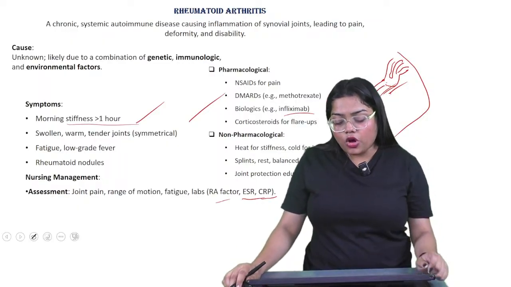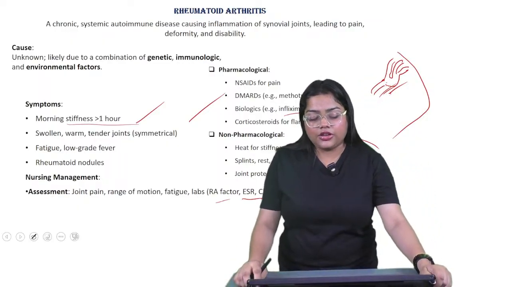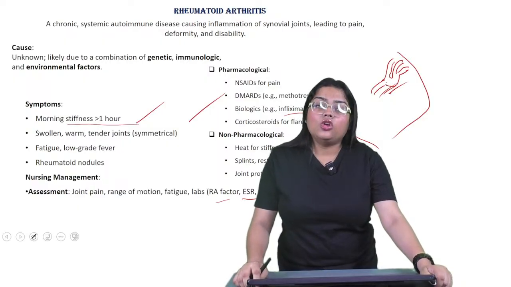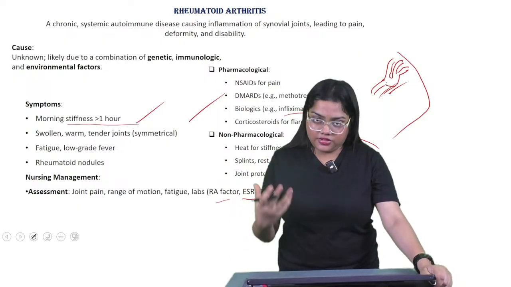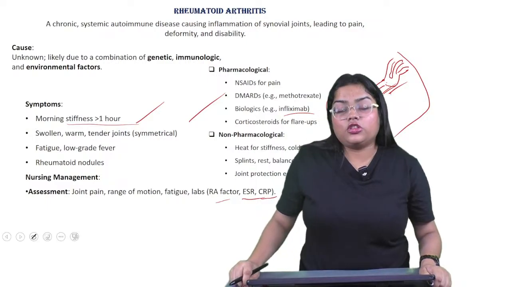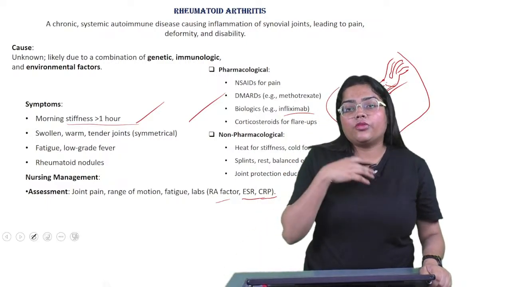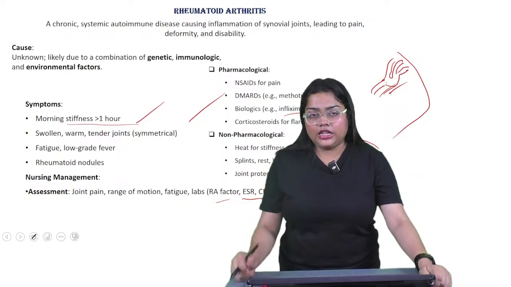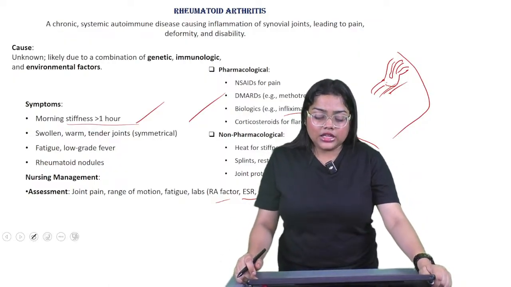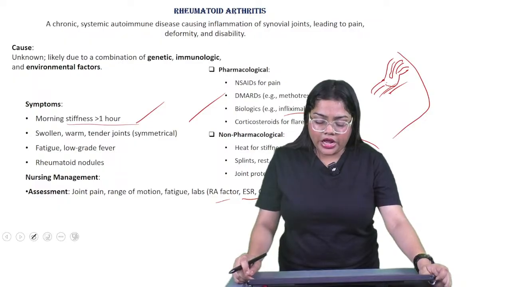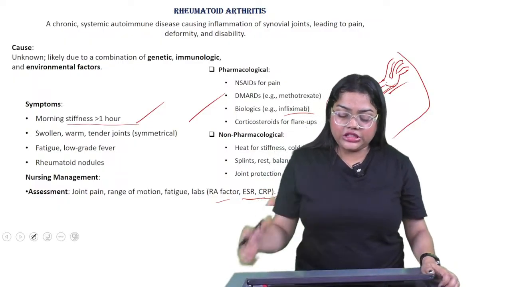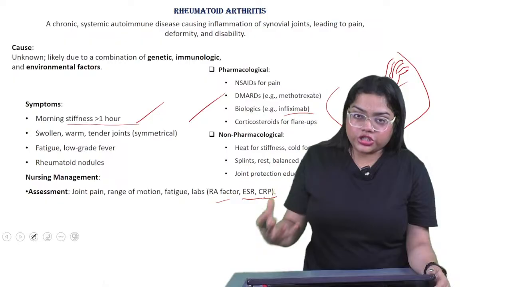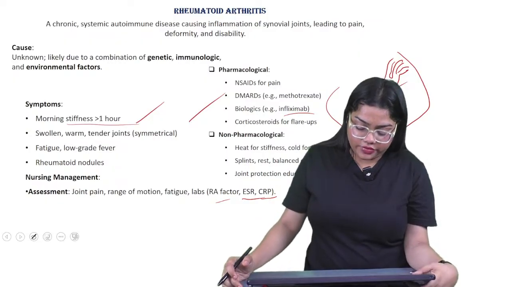Now non-pharmacological management. We can give heat for the stiffness, so the blood circulation will be increased, and cold for the inflammation. If there is a lot of inflammation in a particular joint or area, we can give a cold compress. Then splints, rest and balance exercises we can give to increase the motion and mobility of the patient.